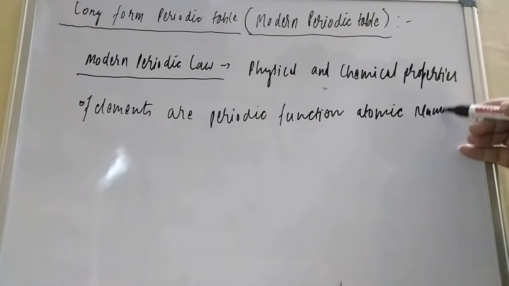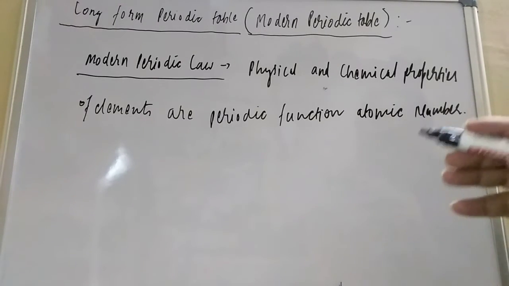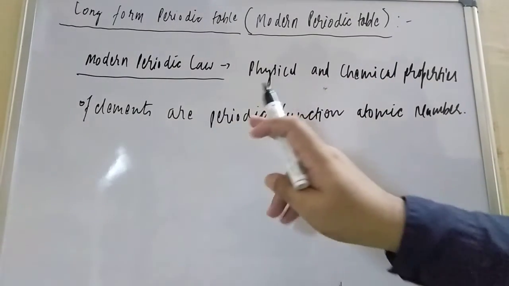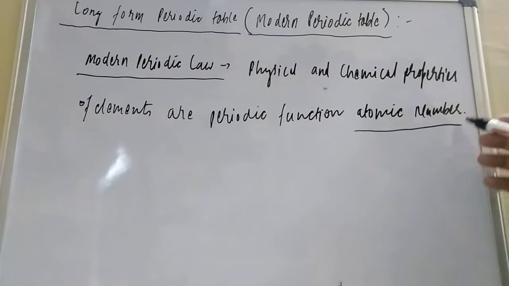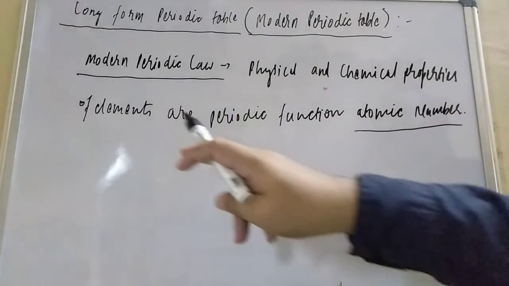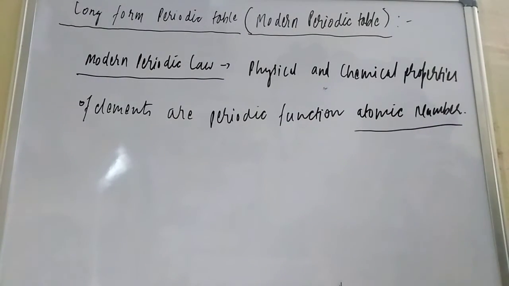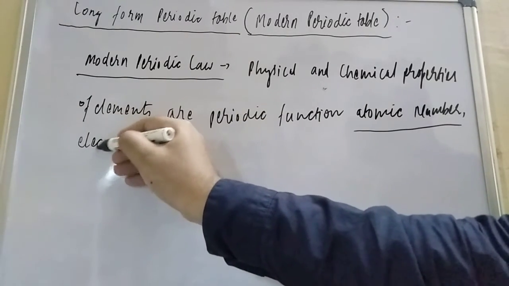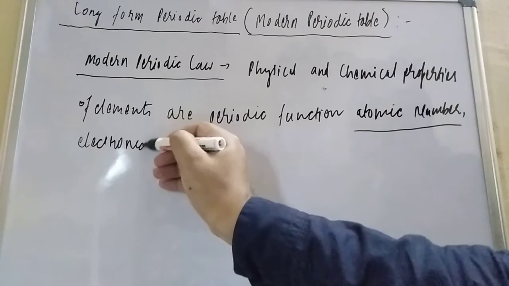Dear friend, you can understand that the Mendeleev periodic table said that the physical and chemical properties of elements are a periodic function of atomic masses. But the long form periodic table says that the physical and chemical properties of elements are a periodic function of what, student? Atomic number. Now that is the law we got, and you can say atomic number and electronic configuration.